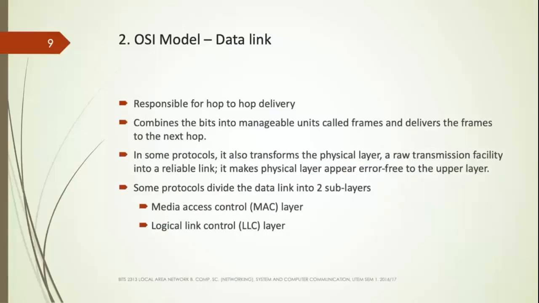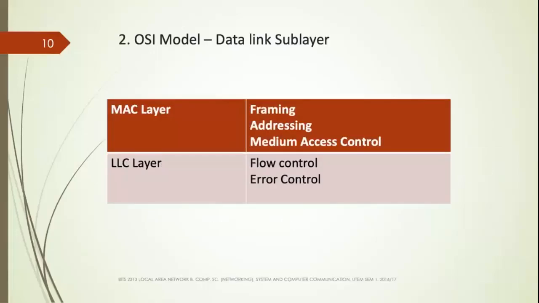It has two sublayers, the MAC layer and the LLC layer. The MAC layer is responsible for addressing, framing, and medium access control, and the LLC layer is responsible for flow control and error control.